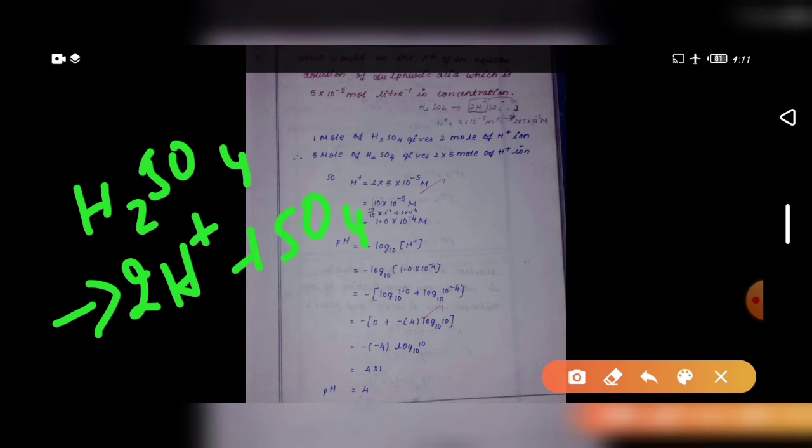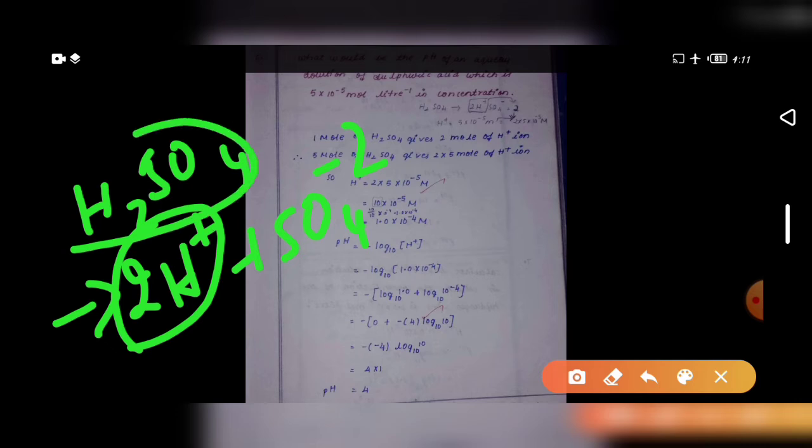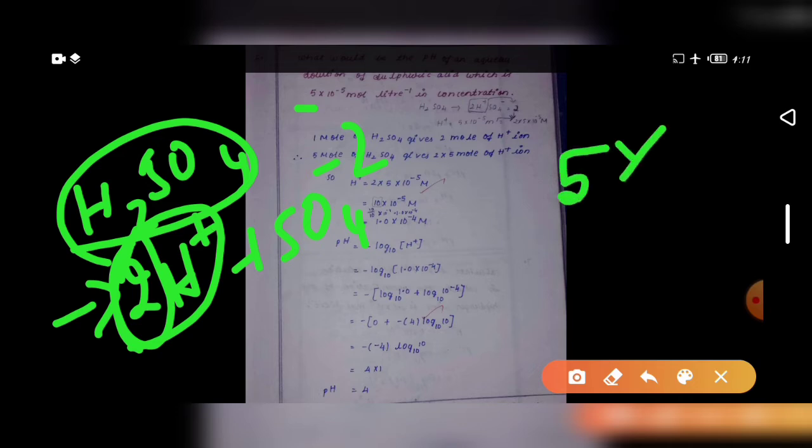Suppose you splitted HCl, it means one hydrogen. Here it will be splitted into 2H plus and SO4 2 minus. How many hydrogen will be liberated in one molecule of H2SO4? 2 hydrogen. There given 5 into 10 power minus 5, so how many hydrogen? 5 into 2 is equal to 10 hydrogen atoms.